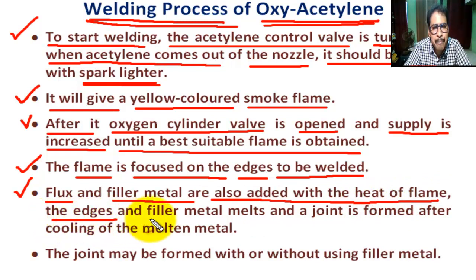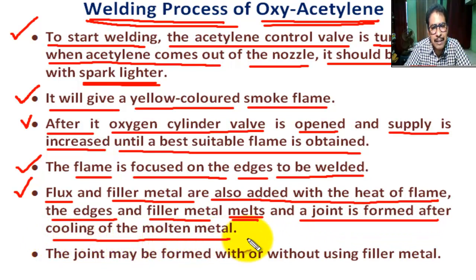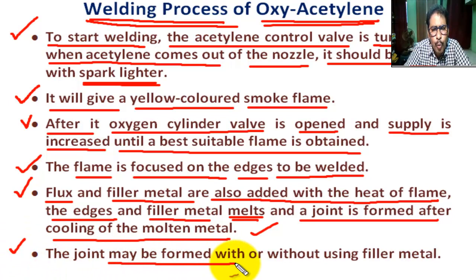The edges and filler metal melt together, and a joint is formed after cooling of the molten metal. The joint may be formed with or without using filler metal. It depends upon the thickness of the workpiece.